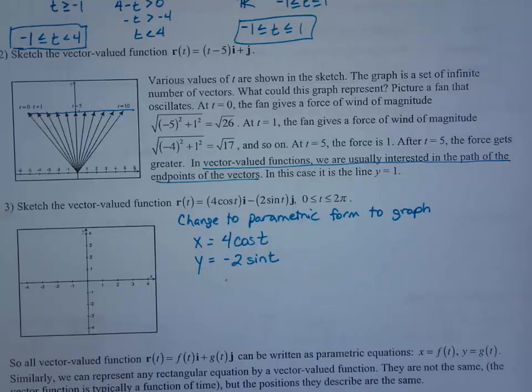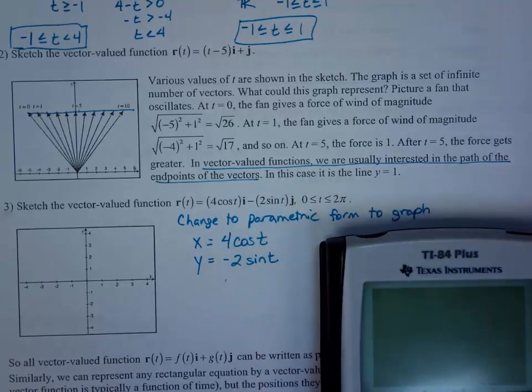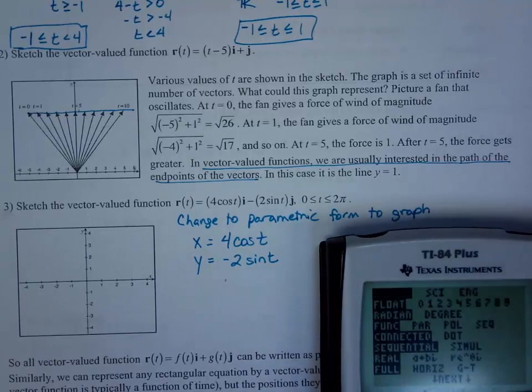Okay? So I have cleared my RAM just because everything was reset. So the first thing I need you to do is push the mode key. Everybody needs to do this because your calculator is very much not in the right format for this. First thing you need to do is put it back in radians, because notice it tells me t goes from 0 to 2 pi. Okay? So first thing you do, put it back into radians. The second thing you need to do is put it in parametric mode. It's probably in polar mode.